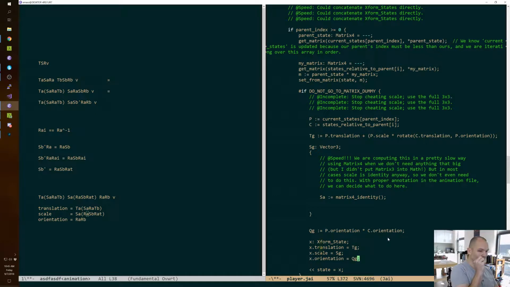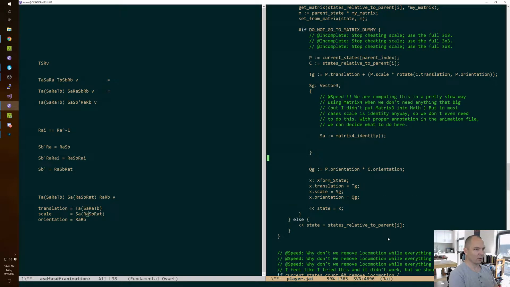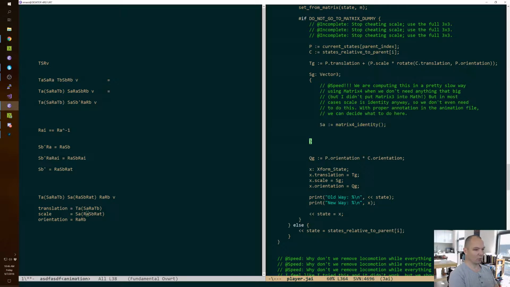So those are global. And we can print. Old way gives us this. New way gives us this. So we compare those and make sure they're good.